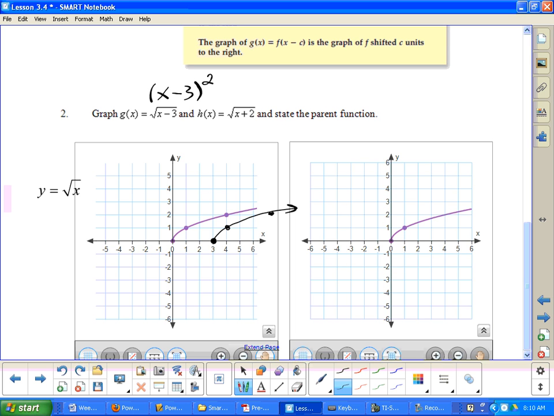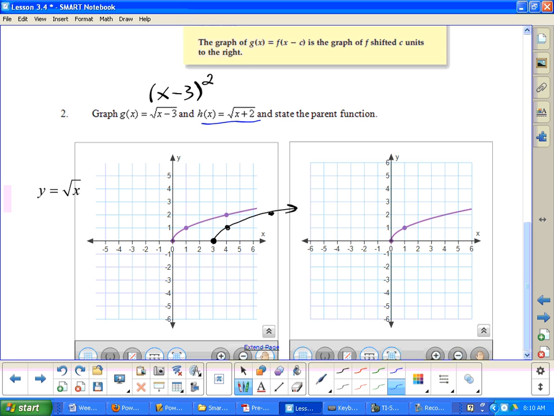When you're thinking about whether it's going left or right, if you're having a hard time with left or right, put both possibilities in there and see which one makes it true. So for instance, for h of x equals square root of x plus 2, if I put 2 in there, I'm going to get 4. But if I put negative 2 in there, I'm going to get 0, which is what I'm looking for.